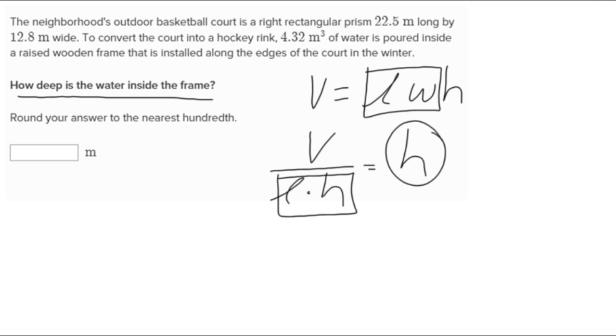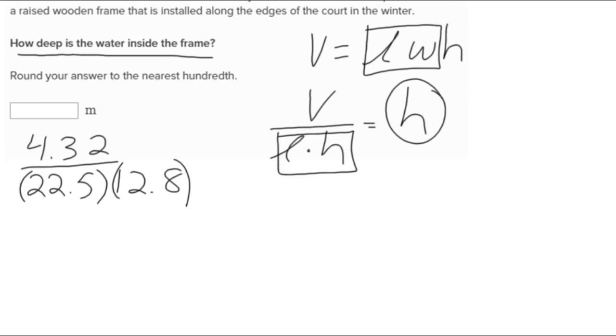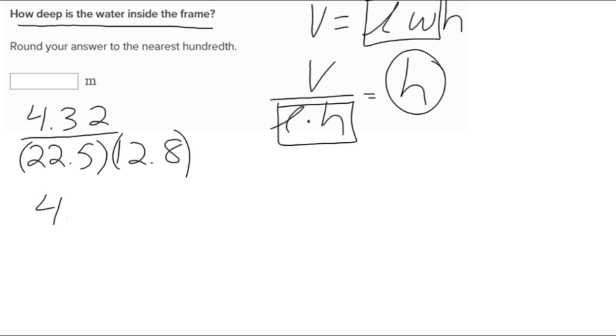So what you're going to do is take the 4.32, that's the volume, and you're going to divide by the area. The area is 22.5 times 12.8. That will give you 4.32 divided by 288.